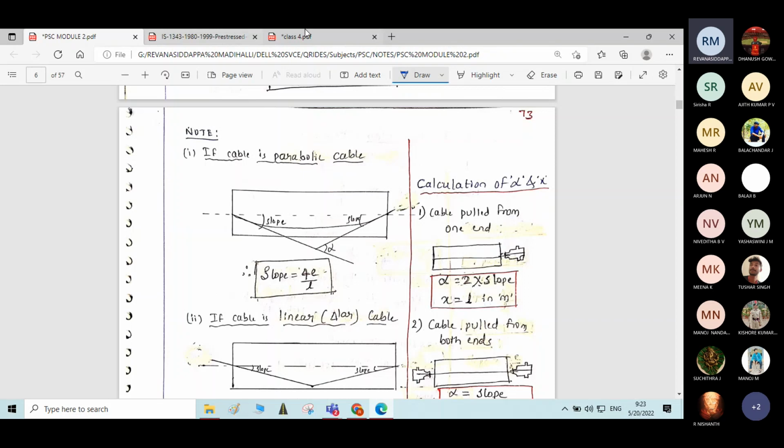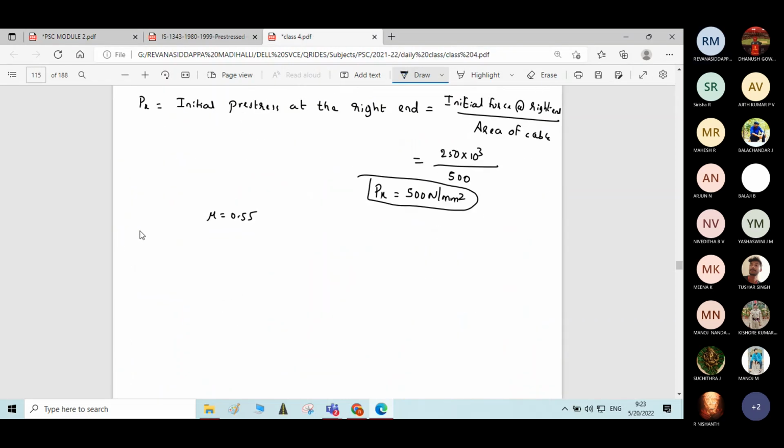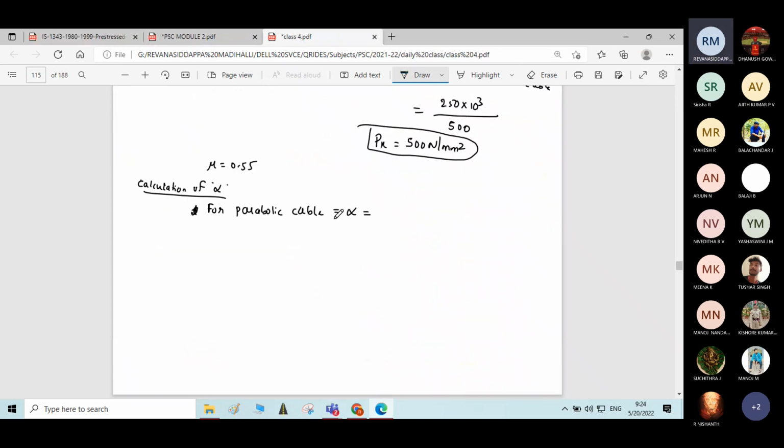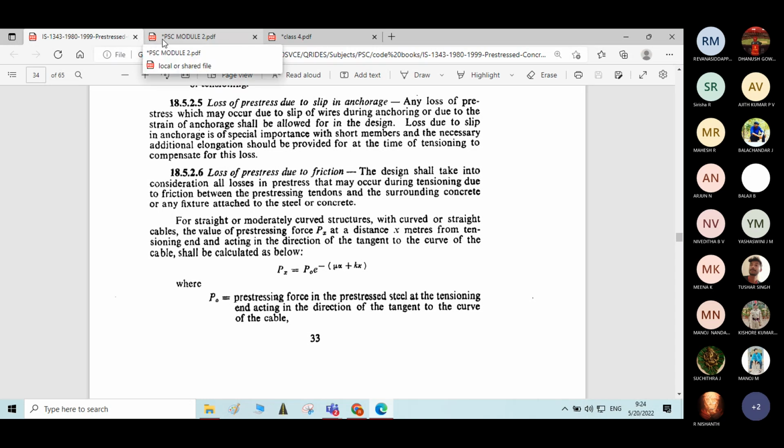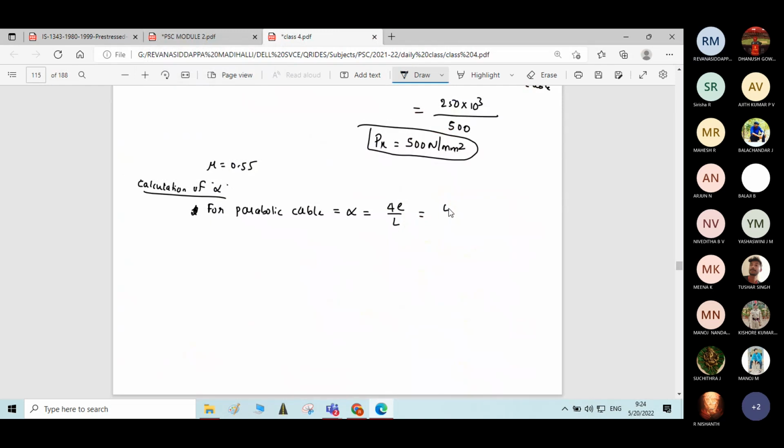So first you calculate the slope. Slope is equal to 4e by L. Calculation of alpha: for parabolic cable, the slope is 4e by L. E is eccentricity, 4 into 250, eccentricity is 250, divided by the length of the beam.